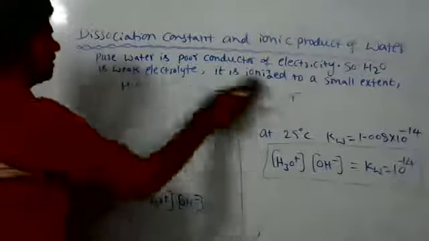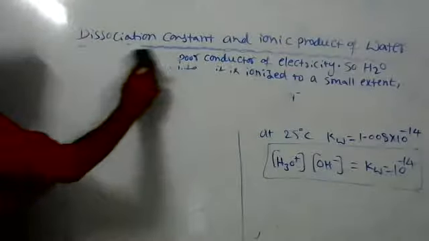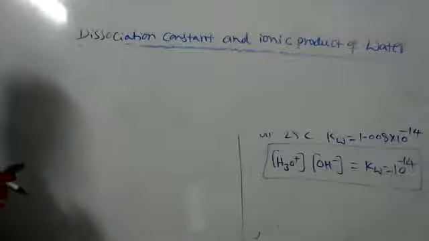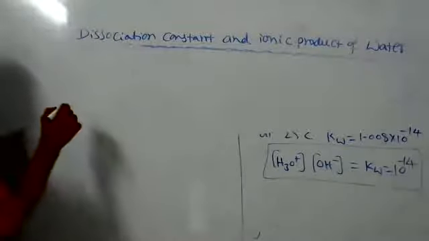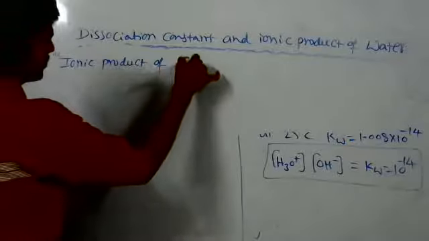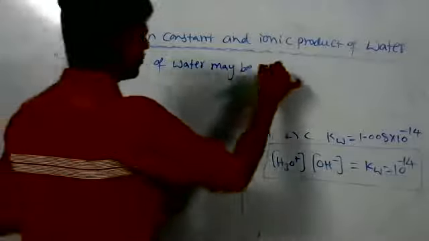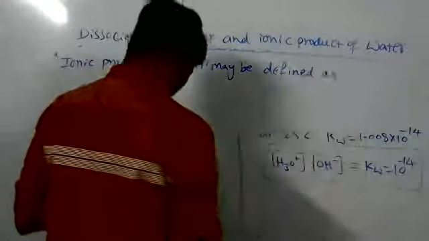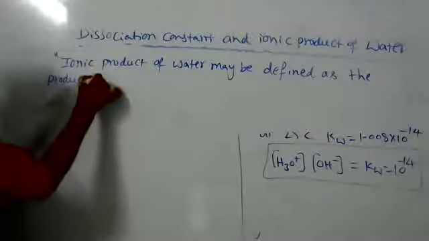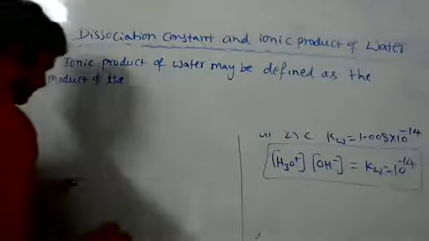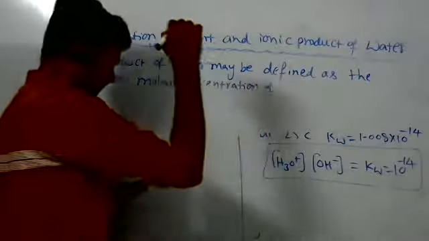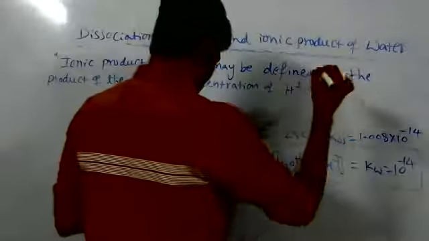Now write the definition of the ionic product of water. Ionic product of water may be defined as the product of the molar concentration of H+ ions and OH- ions.